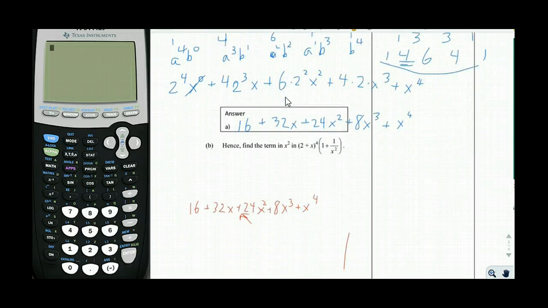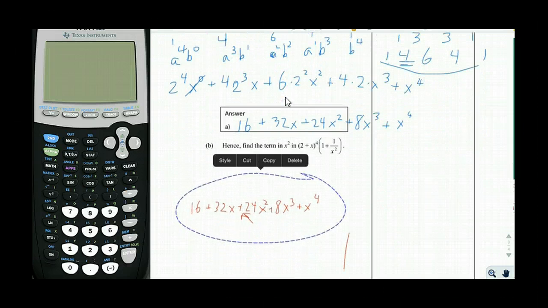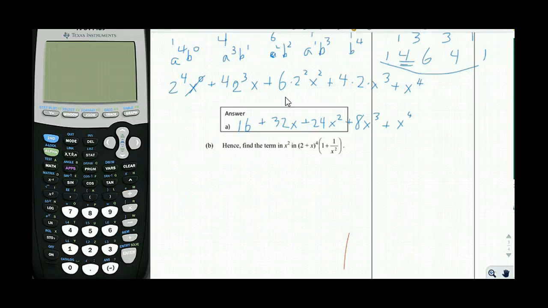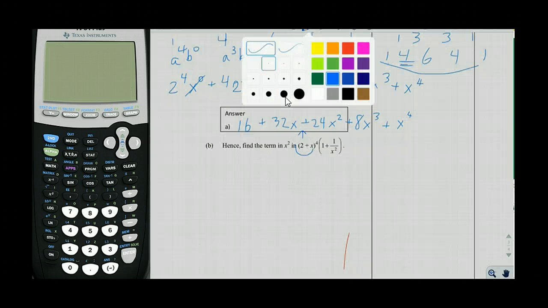Then it asks us to find this multiplication, which is what we just got, and then we multiply it times this binomial, which is a different binomial. So the only way to do that is, this is the hard way. We're going to have to multiply the blue expression.